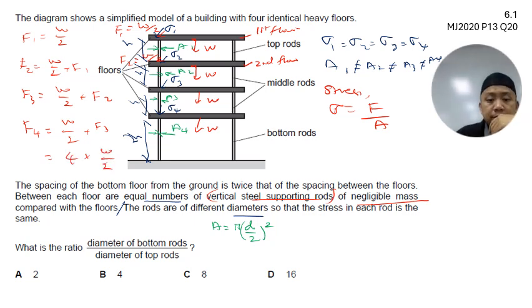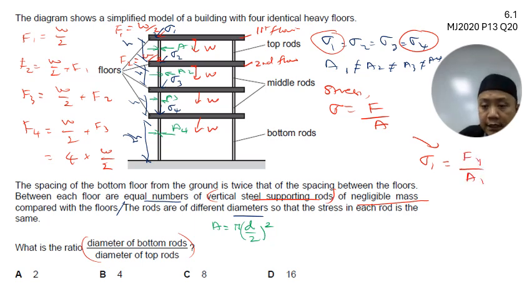So the question is asking, what is the ratio of the diameter of the bottom rods to the diameter of the top rods? Here we know that stress 1 is equivalent to stress 4. Now we can use the formula where stress 1 is equivalent to F1 over A1. F1 is basically just a single weight distributed by the number of vertical rods, divided by area 1.